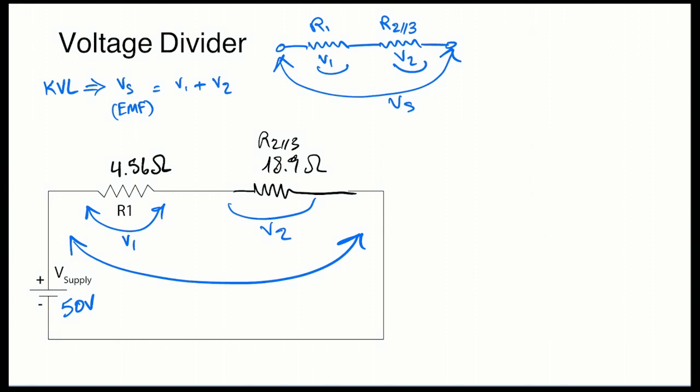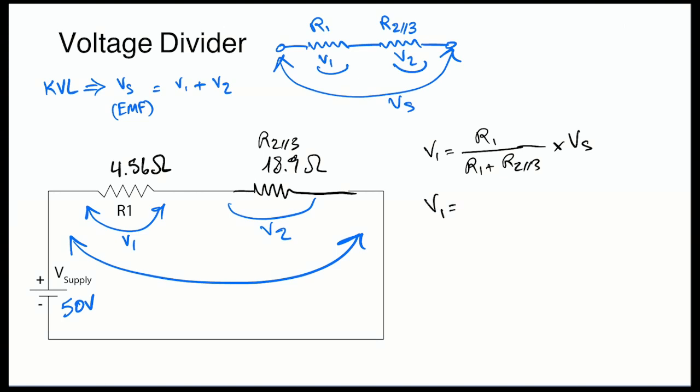And according to our calculations and the formulas, if you remember, V1 equals the division ratio, which is R1 over R1 plus R2 and 3, multiplied by the supply voltage.